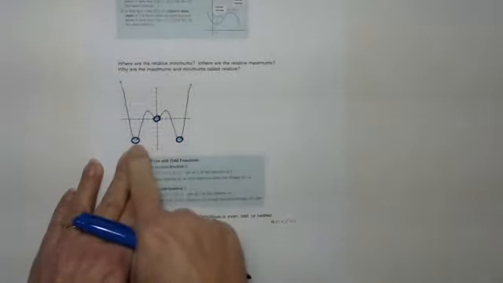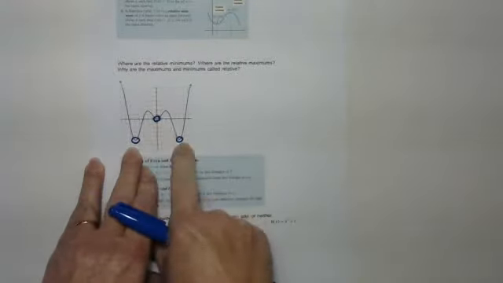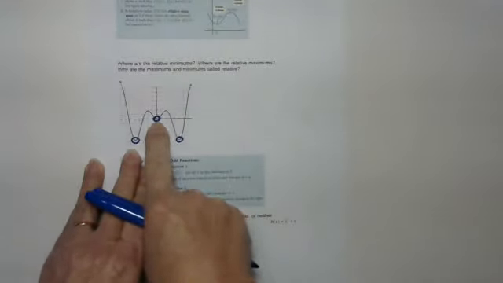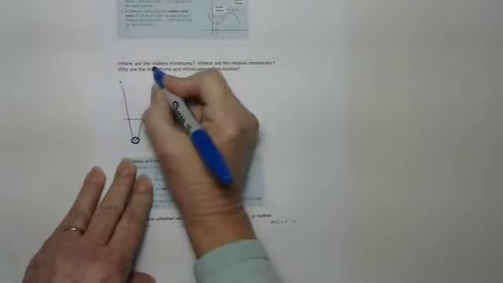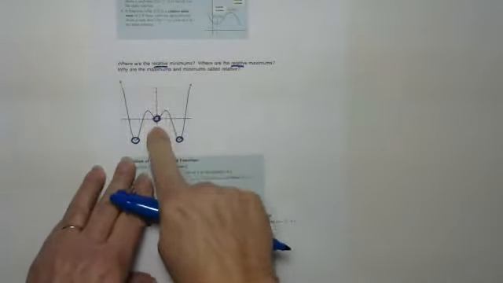Now, notice these points are smaller than this point here. These y values are smaller than this y value here, but that doesn't mean that this value does not represent a relative min, because remember, we're using this term relative, which means in a specific area of our graph.